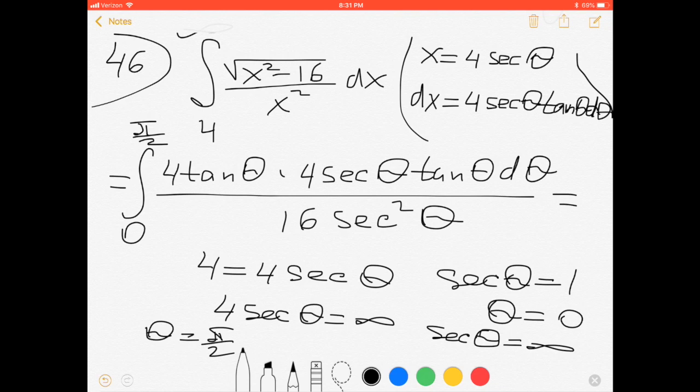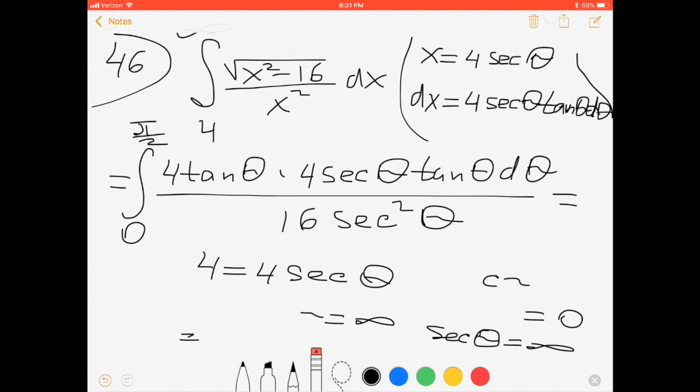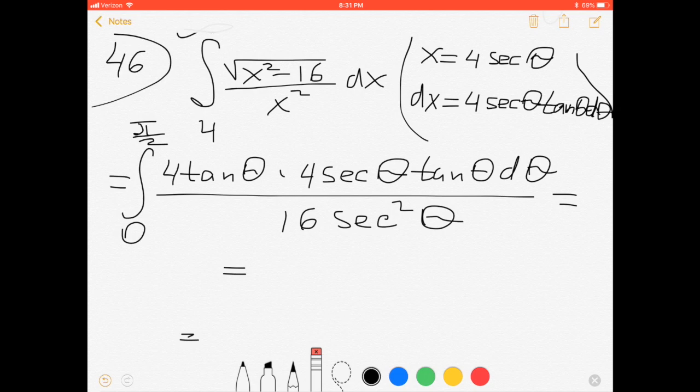You see, now it is clear here. We have an integral whose border is from 0 to pi over 2. Great. Simplify a little bit: 4 and the square root of 16, and the whole secant.